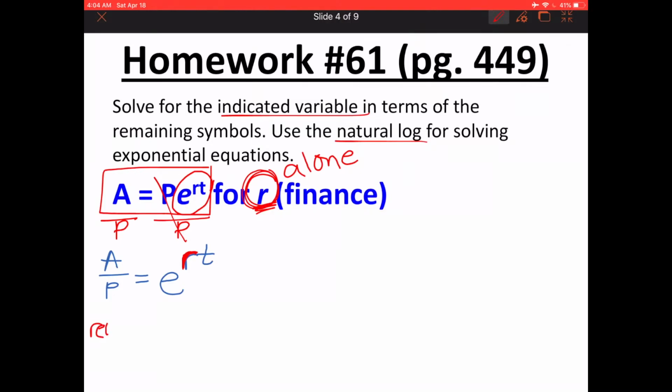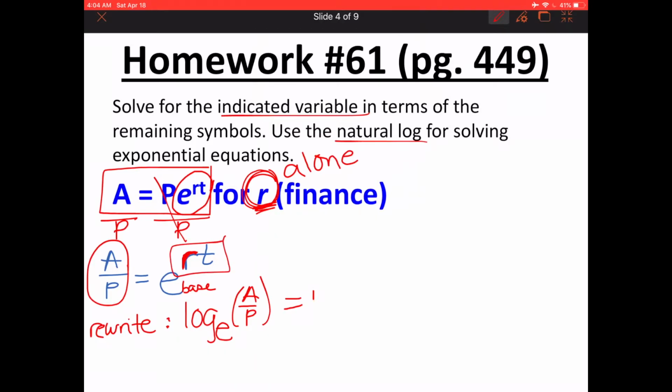This is when I rewrite this in log form. So I'm going to take log. Remember, the base of the exponent becomes the base of my log. So log base e of whatever's over here by itself. So log base e of A divided by P equals, and then I put the exponent over here, r times t.